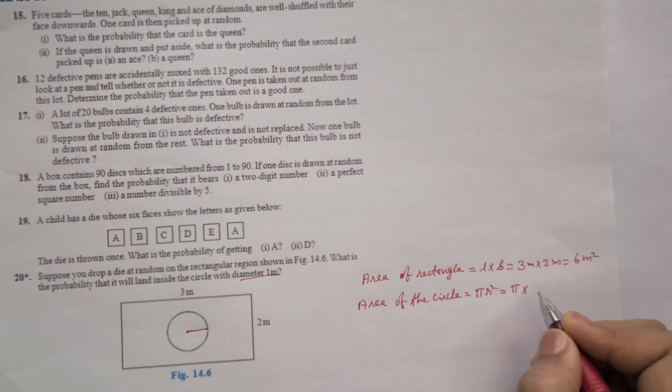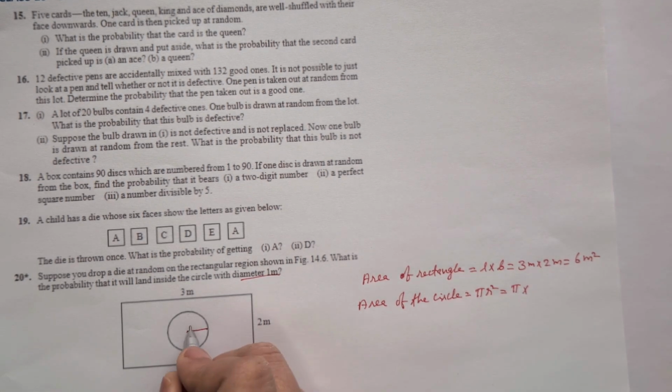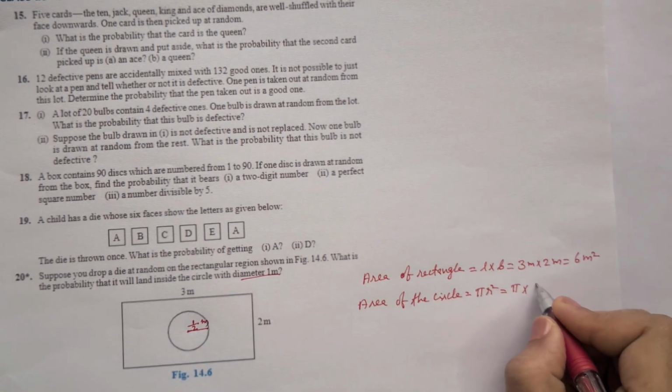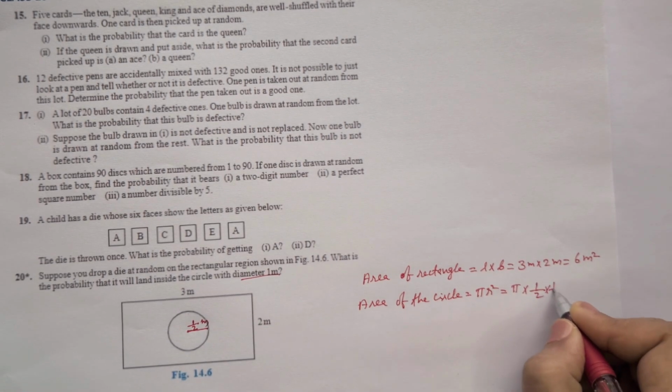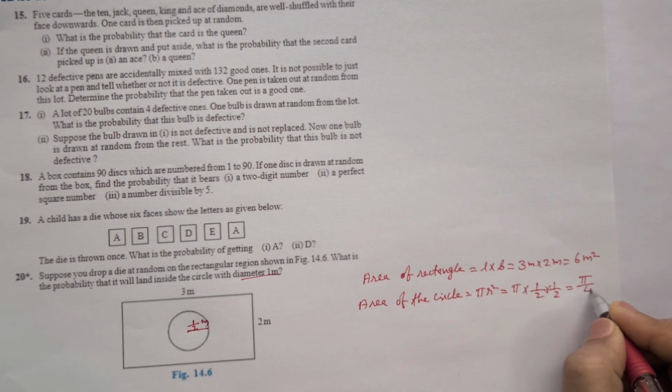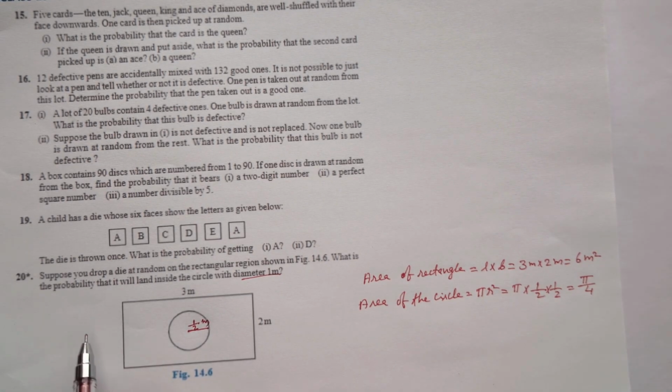So pi into radius, we can take in fraction 1 by 2 into 1 by 2 r square, which is equal to pi by 4. Now find the probability that it will land inside the circle.